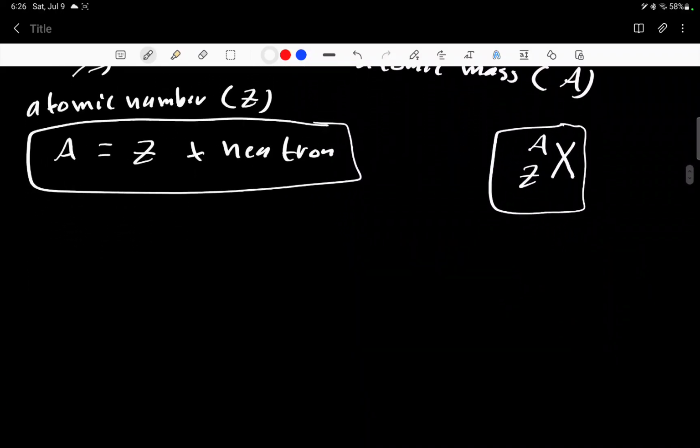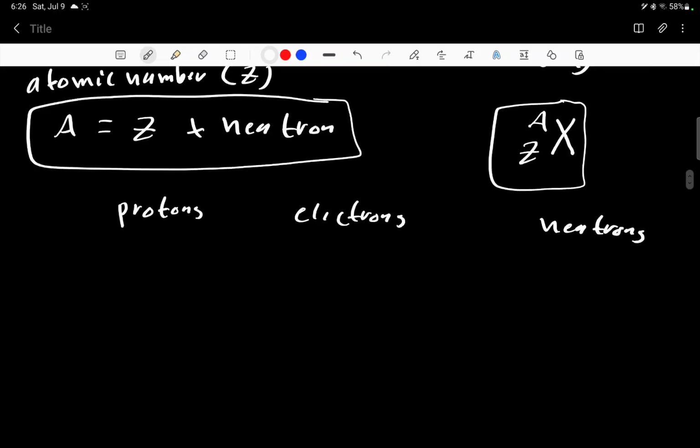Now let's look at some examples. Let's say we are asked to find the number of protons, electrons, and neutrons for the following elements.